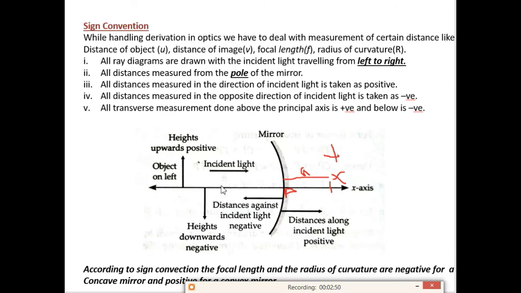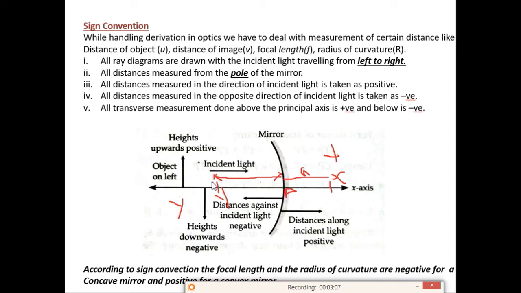If we measure a certain distance to a point Y from the pole of the mirror, the distance between P and Y is always measured from the pole.